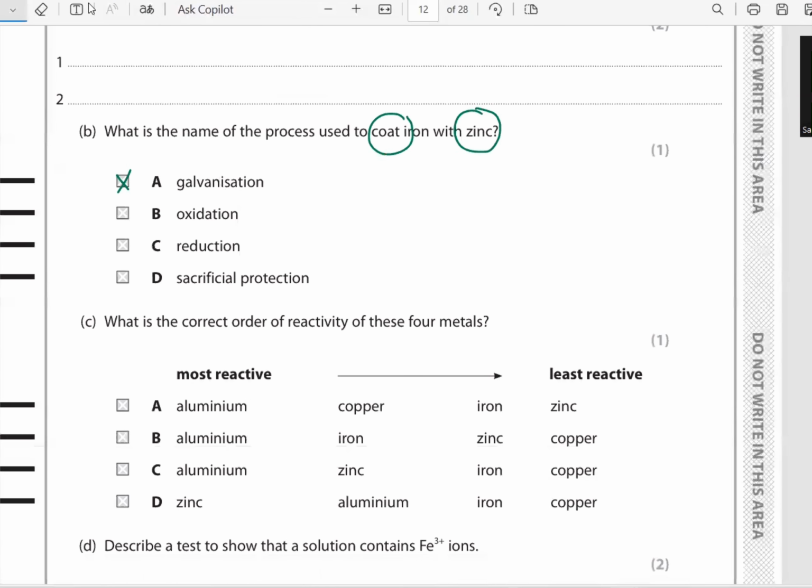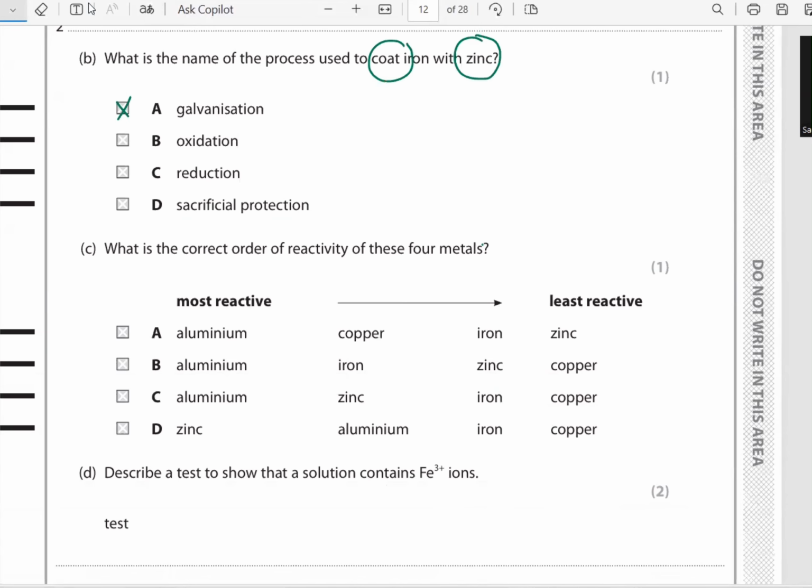What is the order of reactivity of these four metals? Let us recall the reactivity series, which goes like potassium, sodium from group 1. Calcium, magnesium from group 2. Aluminium from group 3.